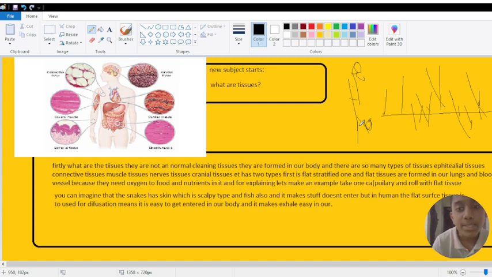The next one is nervous tissue, which is formed in our brain, at the top of the BBB, which means the blood brain barrier. Firstly, the nervous tissues are small types and made up of the stratified tissue, which doesn't allow things to enter our body easily.